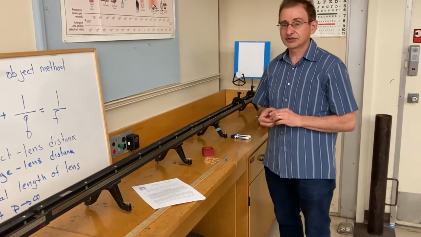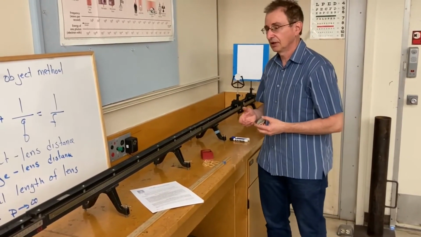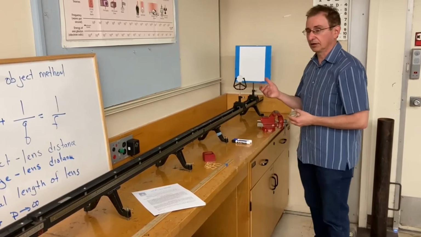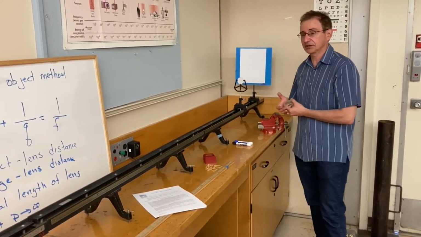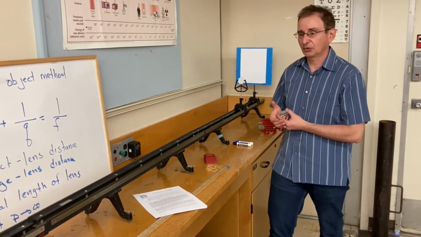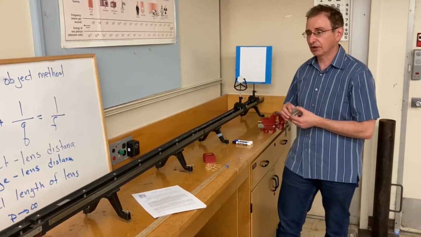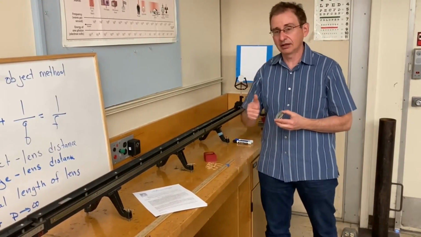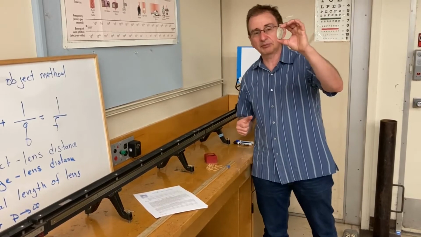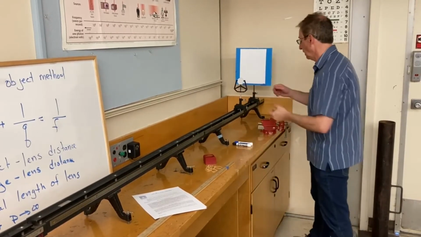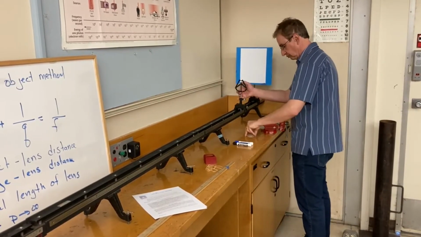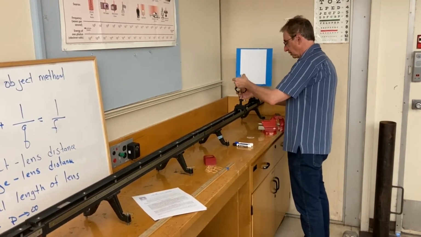Now for lens C, which is a diverging lens, we can't use this method because the diverging lens doesn't produce a real image. So what you're going to do is take lens A and lens C and rubber band them together, and place them in the lens holder.